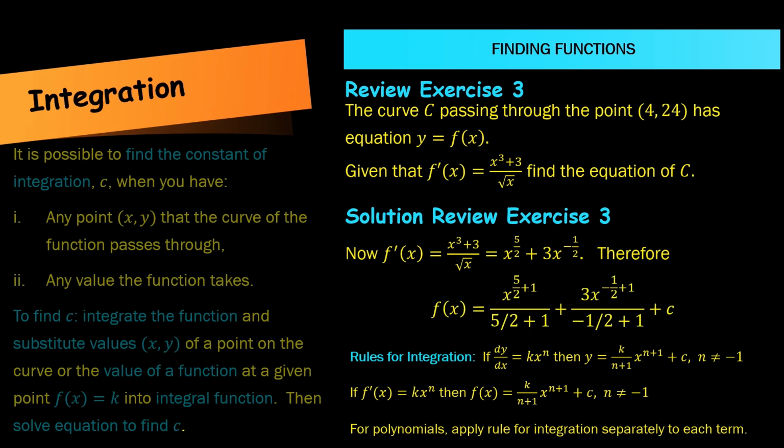Applying this, we have this expression here for f(x). So x to the 5 over 2 integrated becomes x to the 5 over 2 plus 1, all over 5 over 2 plus 1. And similarly for the second term.